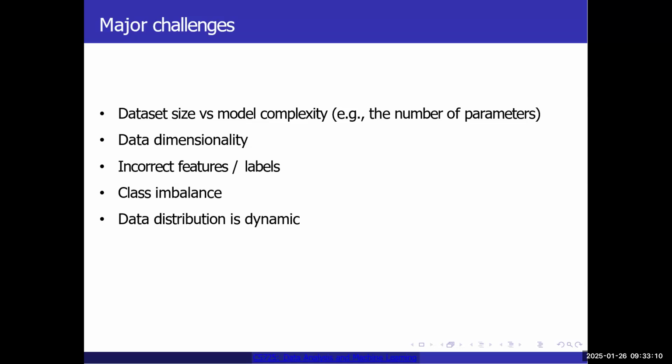So what are the challenges for the classification method? The main one would be the size of the data. Like how much data can you collect? And not only that, it also depends on the model that you pick. How many parameters are in your model? The more parameters you have, the more data it will require.